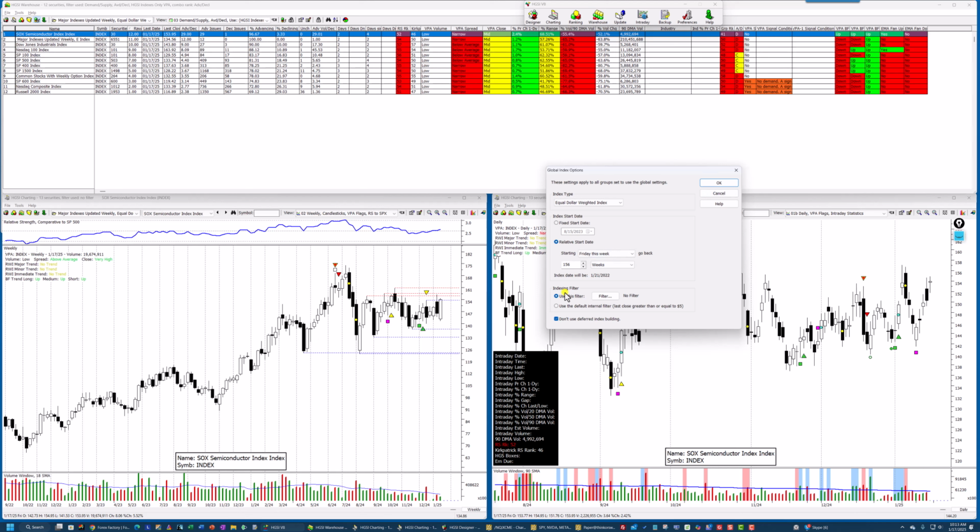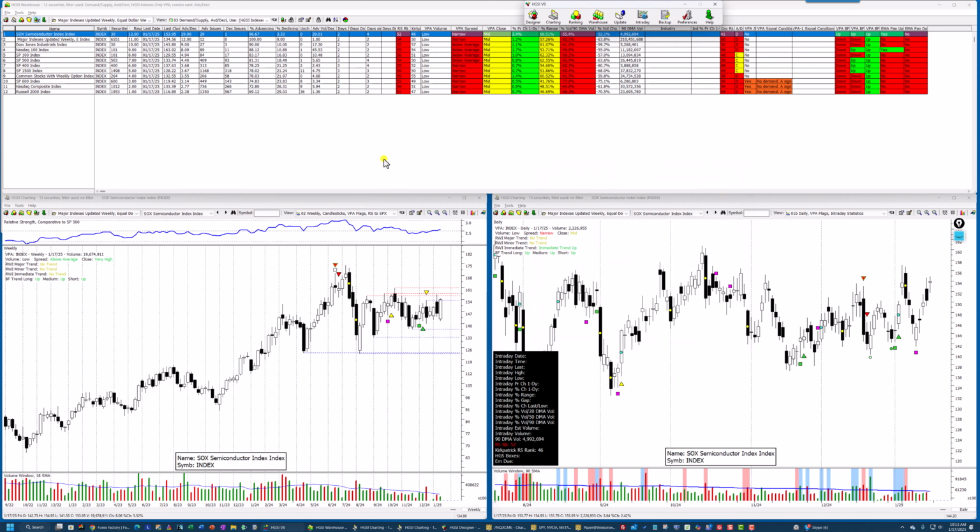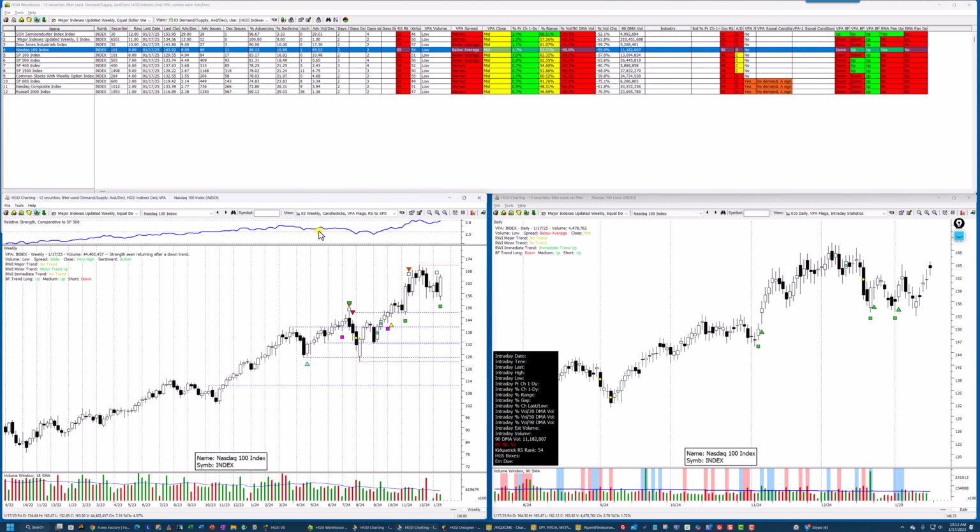Just set this up, and when you click OK, it's going to ask you to rebuild all of your indexes. I'm going to cancel that, bring up the NASDAQ 100, and then drop down here into HGSI index charts.